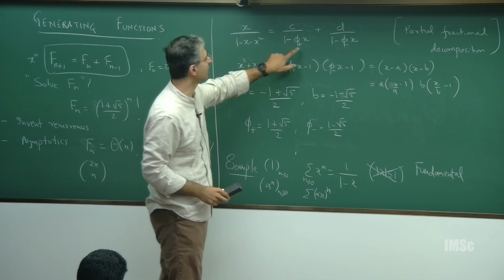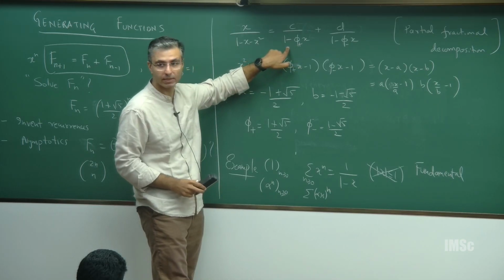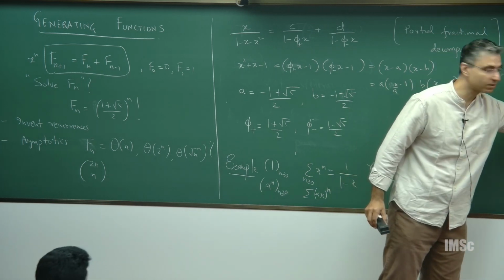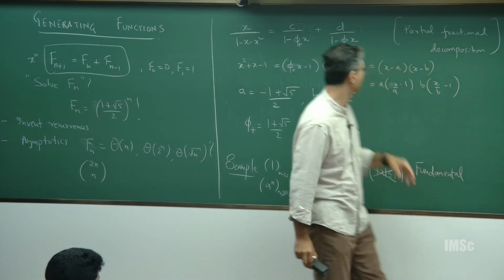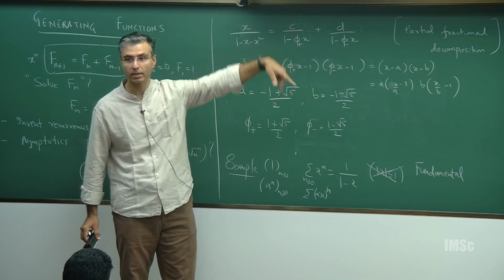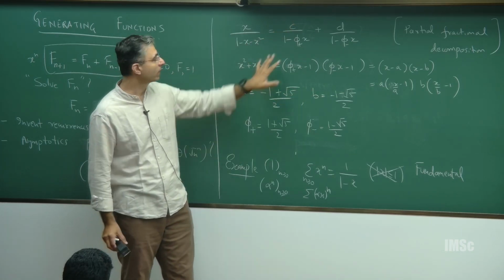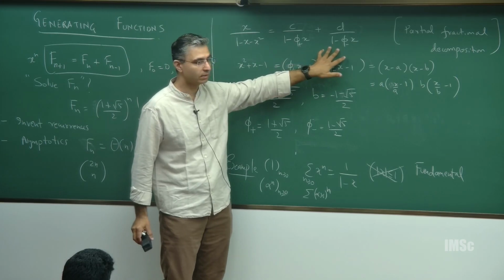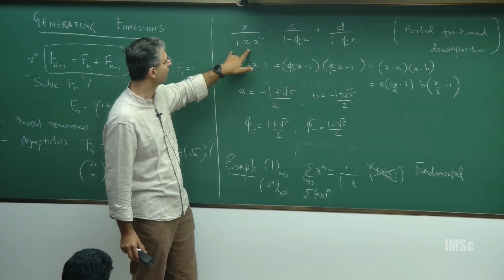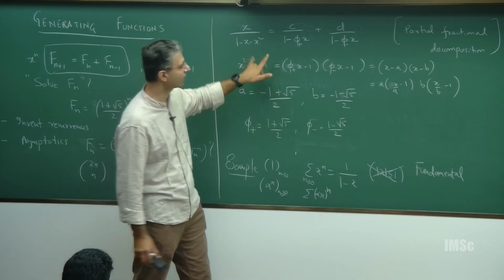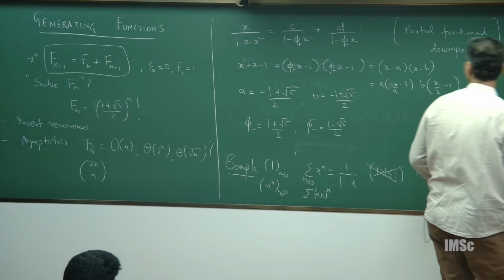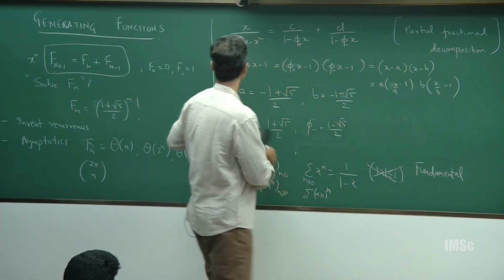Because we understand this series: 1 upon 1 minus phi plus x is just phi plus raised to n x raised to n, and 1 minus phi minus x will be again phi minus raised to n x raised to n, right. So, we understand these geometric series. So, if we now wanted a formula for the nth Fibonacci number, the formula would simply be by equating the coefficients on both sides.